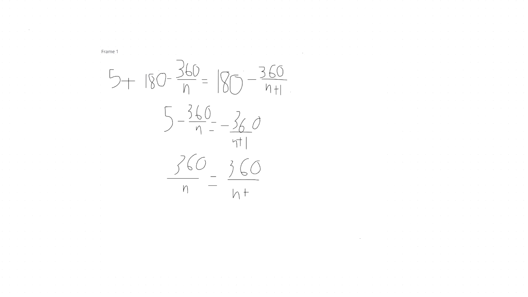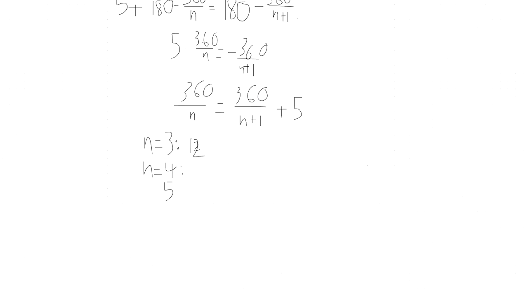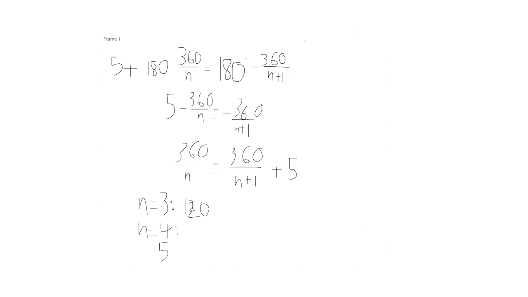So then you start testing values and you start from n equals 3, because if you have n equals 2, you don't have a polygon. So from n equals 3, you can start listing the angles. For 3, it's 120. For 4, it's 90.